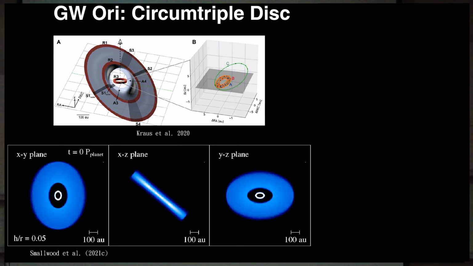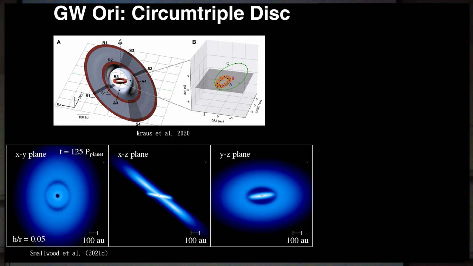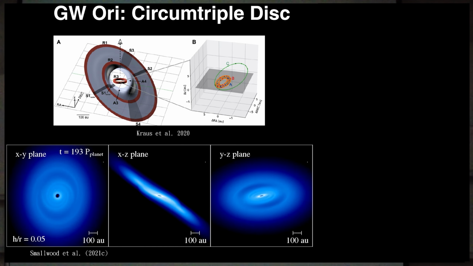And so if you play the movie, this is our movie where we just started at 38 degrees around a triple system. We initially started with a pre-carved gap. I can explain why we did that later if anyone wants to know. But our planet initially begins at 38 degrees.